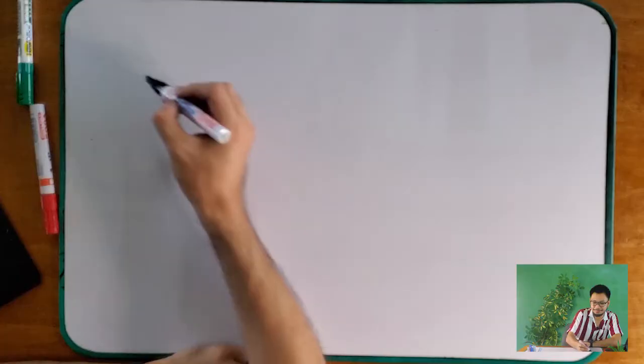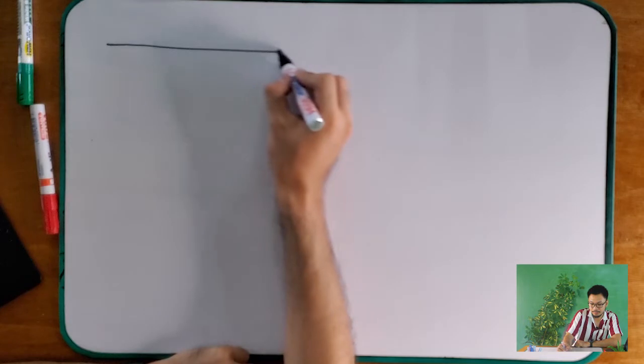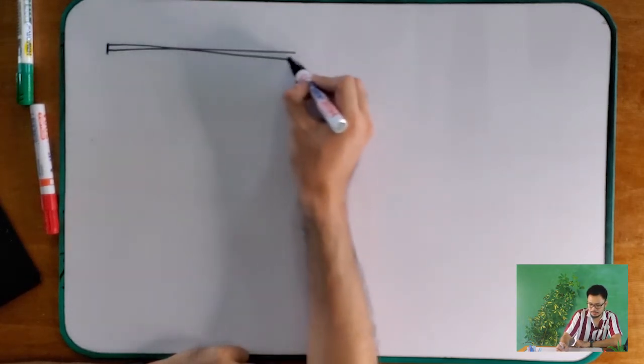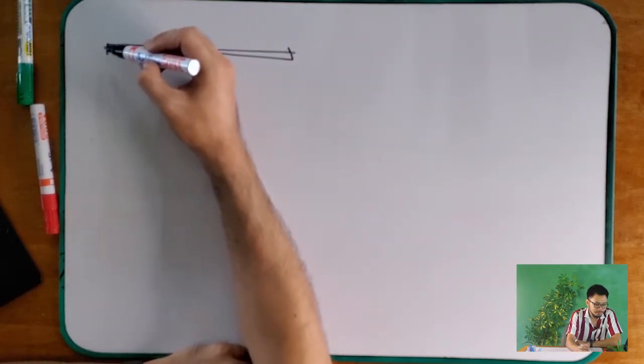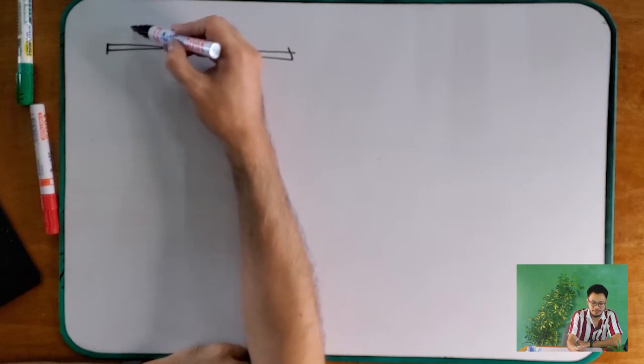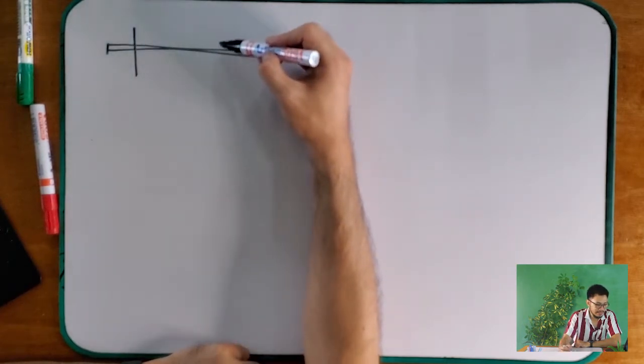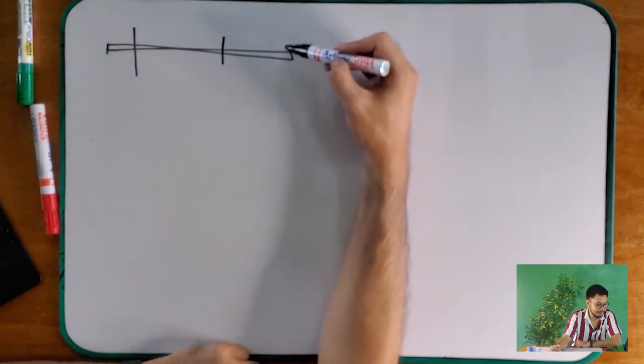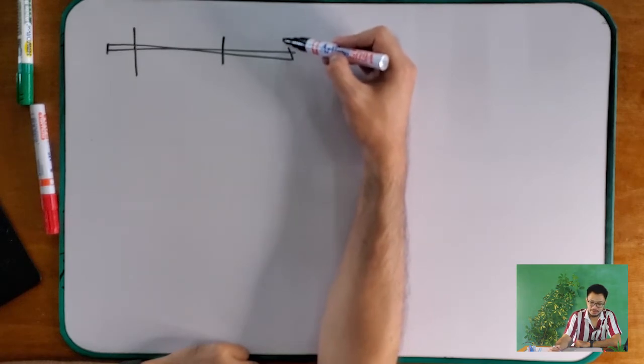So unsa may atong buhaton? So first, we have to determine the torque at section AA. And how can we determine the torque at section AA? Well, we have to make a diagram. Diba? Makita ang atong first nga torque, and then second nga torque, and then third nga torque.